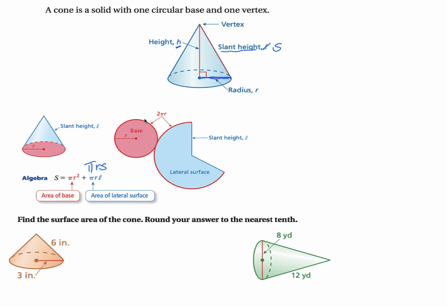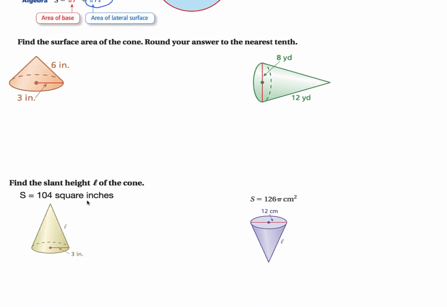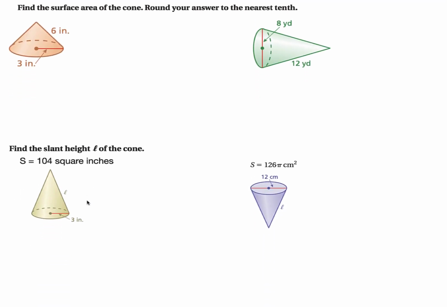On the GED exam, in their standards, they say find the surface area. They did not say anything about finding the lateral surface area. But again, if you have to find the lateral surface area, you're only using this portion of the formula, pi r s.